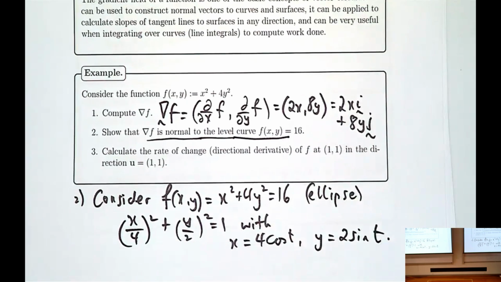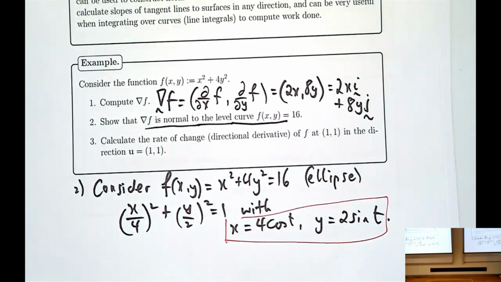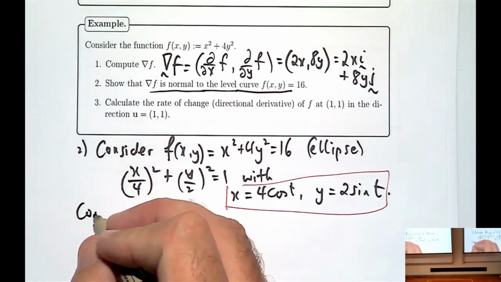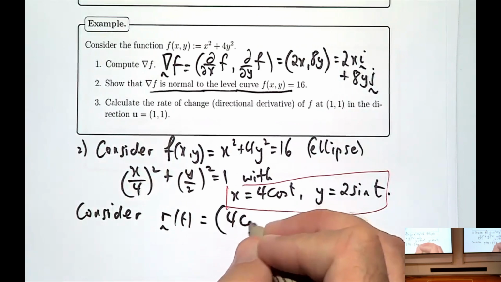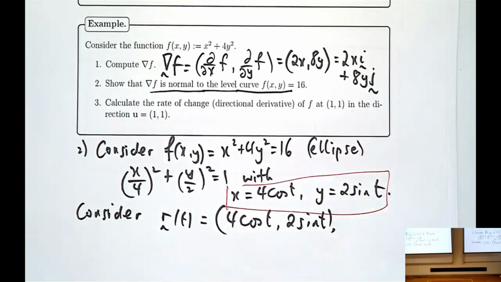So let's make a vector out of it. At the moment, we're in the component world, like you were talking about before. We don't care about i's or j's. We just have a list, x equals this, y equals this. But let's combine them and actually make a vector.